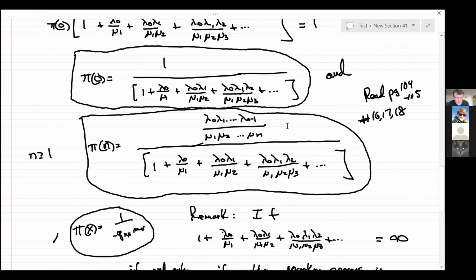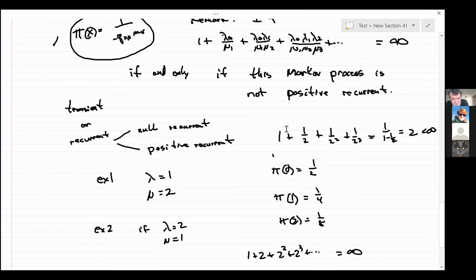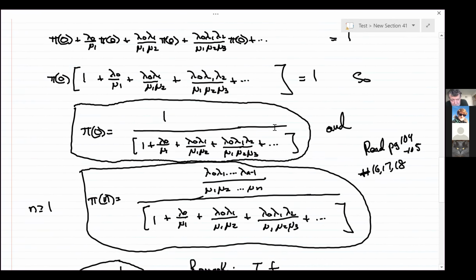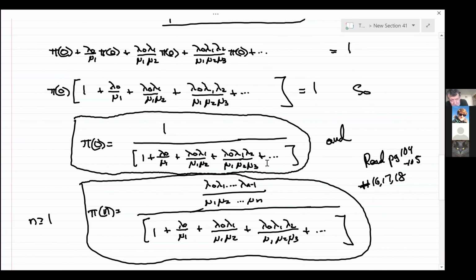It looks a lot like what we did in chapter 2 with birth death chains. So if you go back and look at that, you'll see that this is a very similar result. And I might use that similarity next time to get some of the other results. Back in chapter 2, we were able to tell whether it was transient, null recurrent, or positive recurrent.